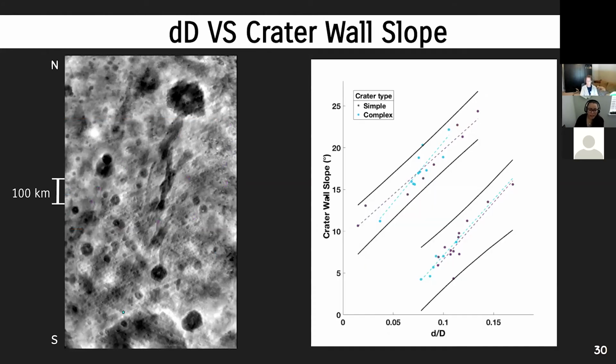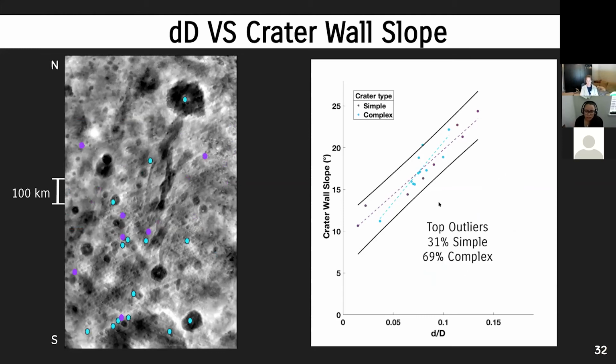Now, looking at the outliers from the top, we see that these craters are more common. They're more complex than simple, but still not so much of a difference as the previous one. We also see that they're steep craters, so we might think that these are young craters.